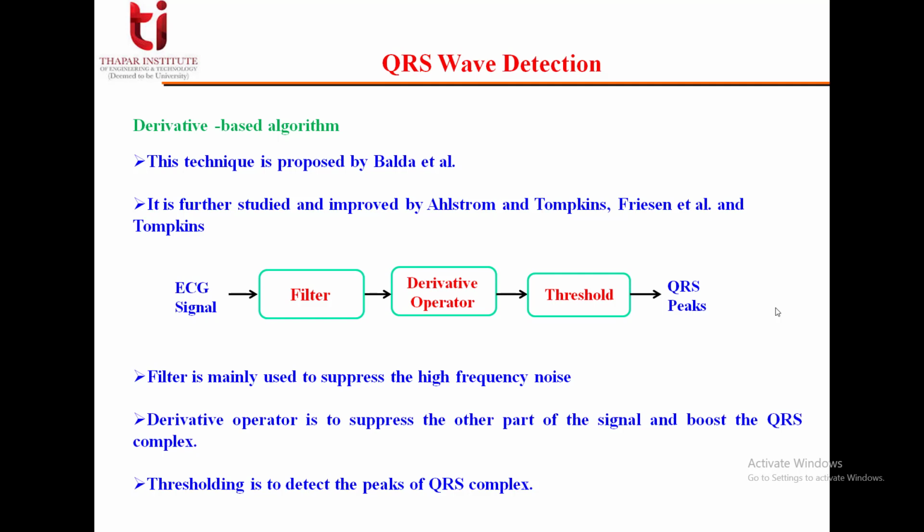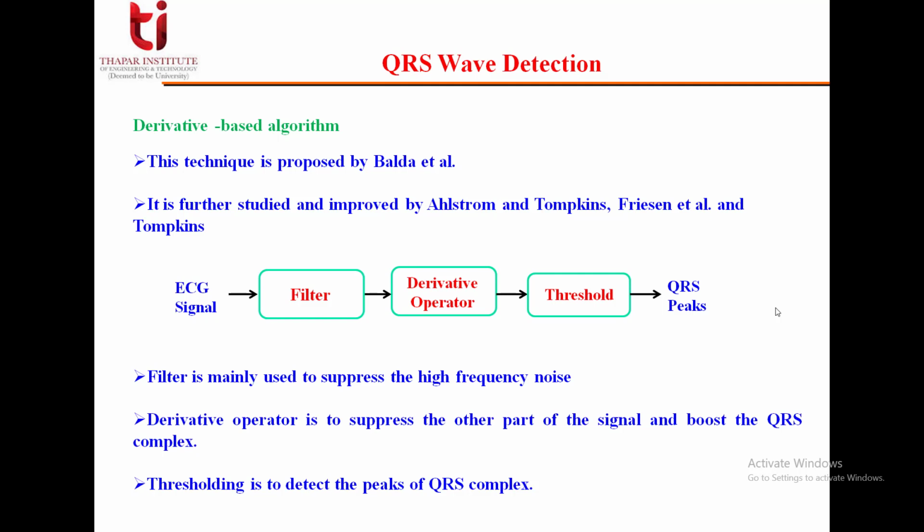Basically, with this first filter we want to reduce the amount of noise, or improve the signal to noise ratio of the signal. The derivative operator is robust to low frequency noise, so the filter is used to suppress the high frequency noise if it is present in the signal.